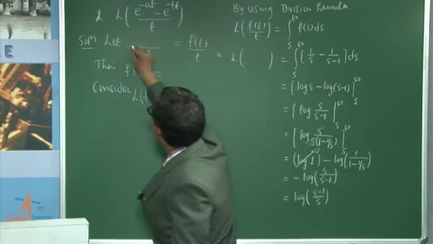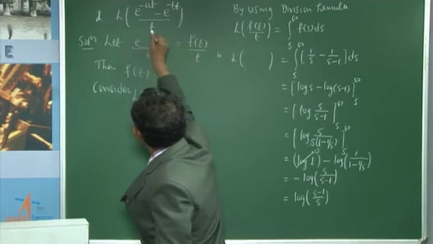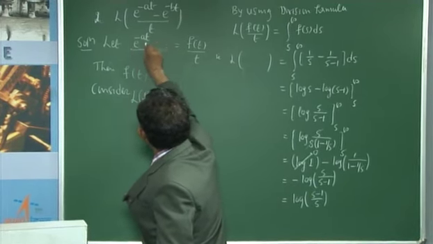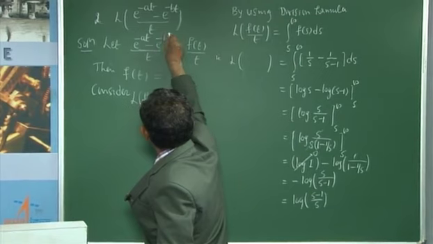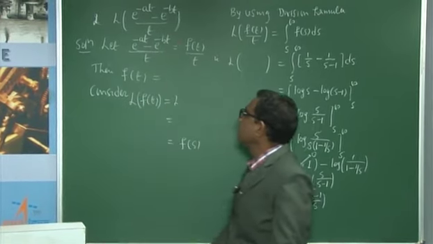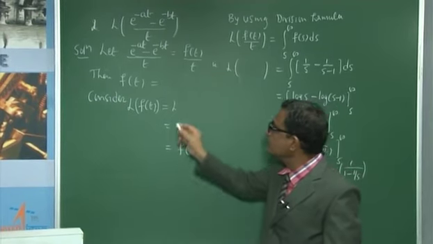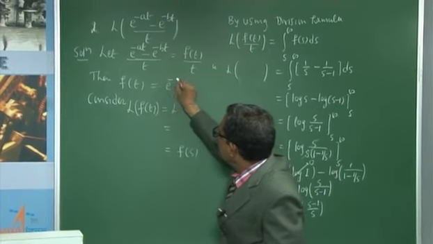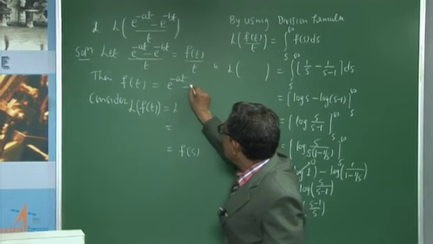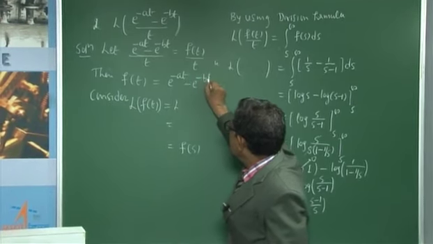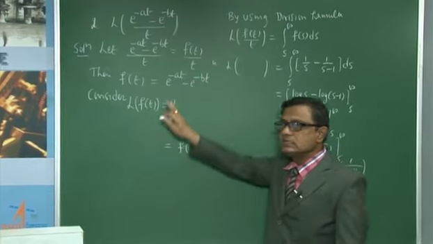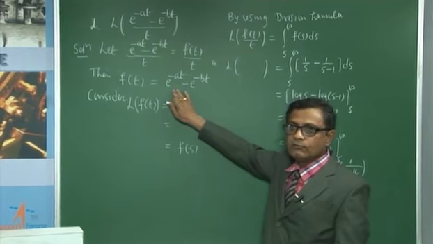If you consider e raised to minus at minus e raised to minus bt divided by t, this is equal to f of t by t. Your function is e raised to minus at minus e raised to minus bt. This is your function f of t.